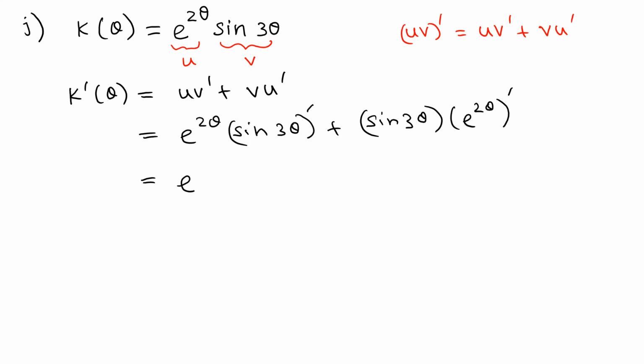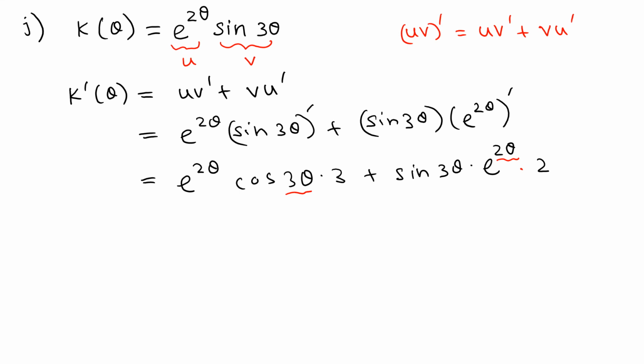So it is e to the 2 theta, and we know that the derivative of sine is cosine, and then multiply by the derivative of the inside function, which is 3, plus sine 3 theta. Derivative of exponential function, you repeat the function and then multiply by the derivative of the inside function, which is 2. So that's the derivative.